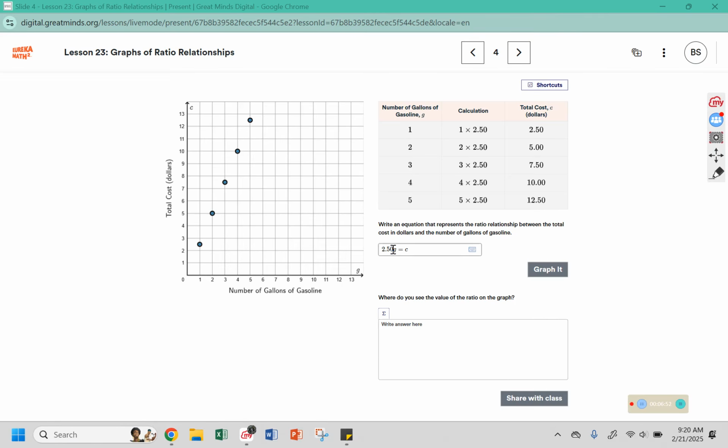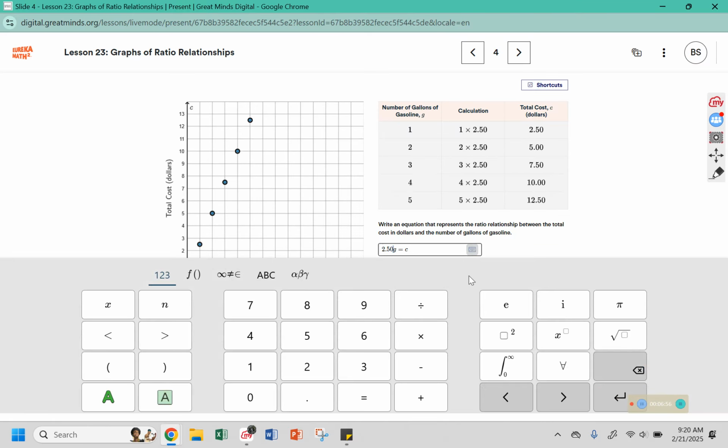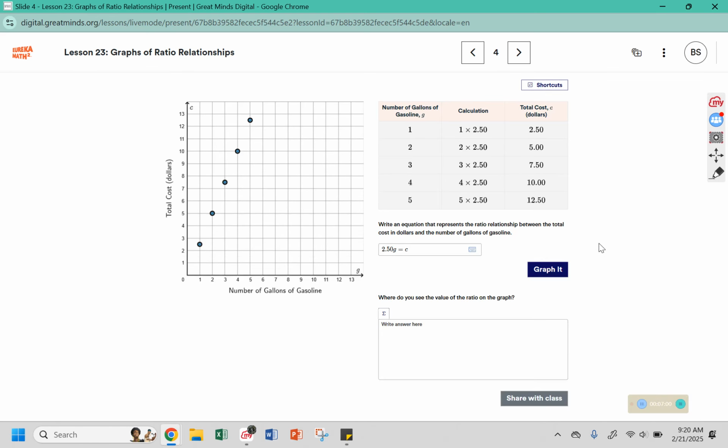You might need to take out the multiplication symbol and turn it into just 2.50G to get it to graph. But you can see that the dots line up with the existing points. So where do you see the value of the ratio in the graph?